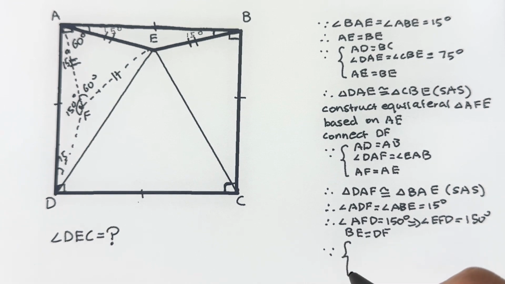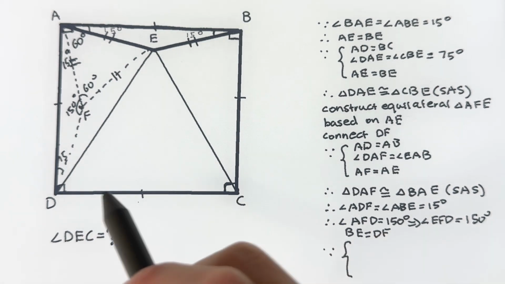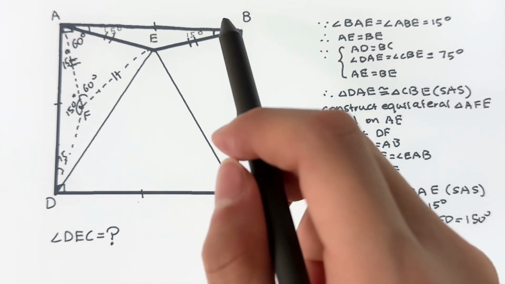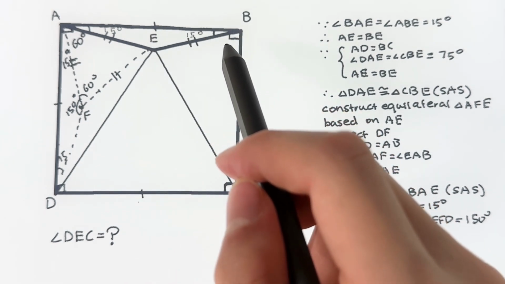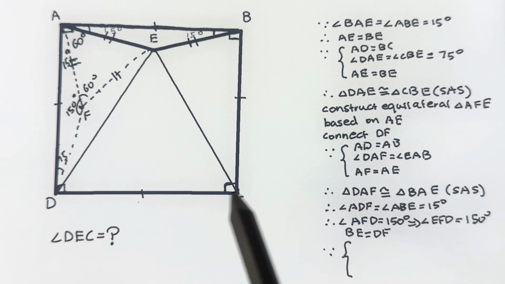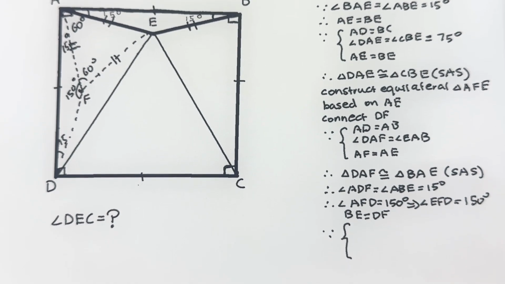Because we want to prove congruent triangles DFE and ABE, because if we can prove that DE equals AB, then we could prove that DE equals EC equals DC, which will give us that triangle DEC is a special triangle.